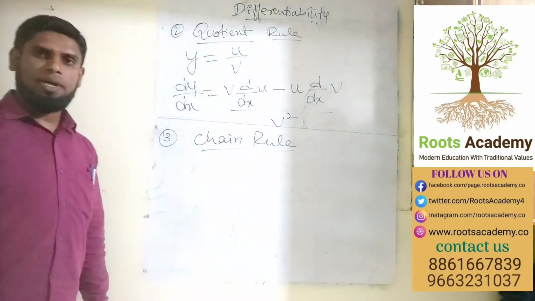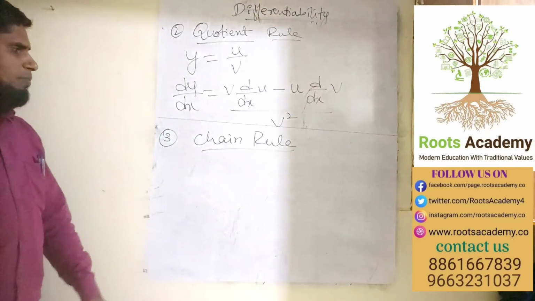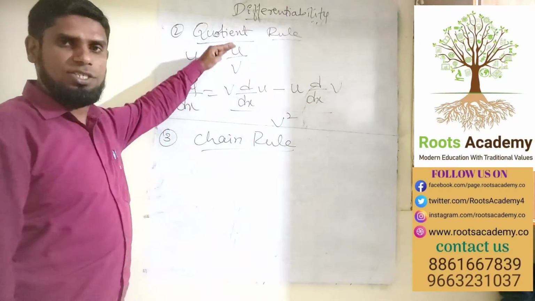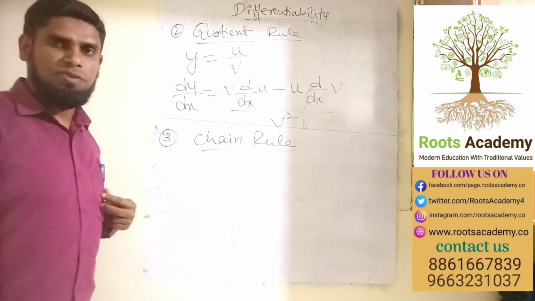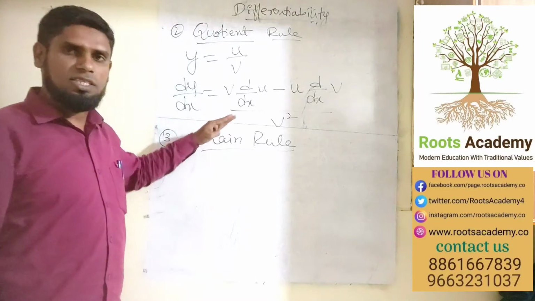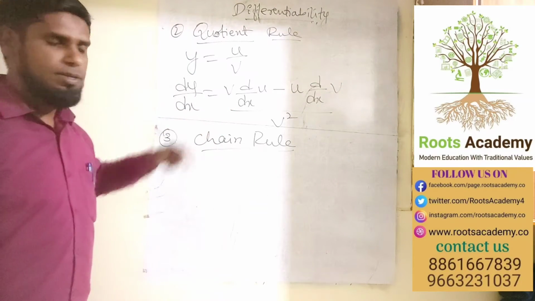From here our second PUC syllabus starts. But before we go to the second PUC syllabus, we should have the previous year knowledge. Without that, in second PUC we find it very difficult. So that's why I briefly explained the concepts and the derivatives of the first PUC.